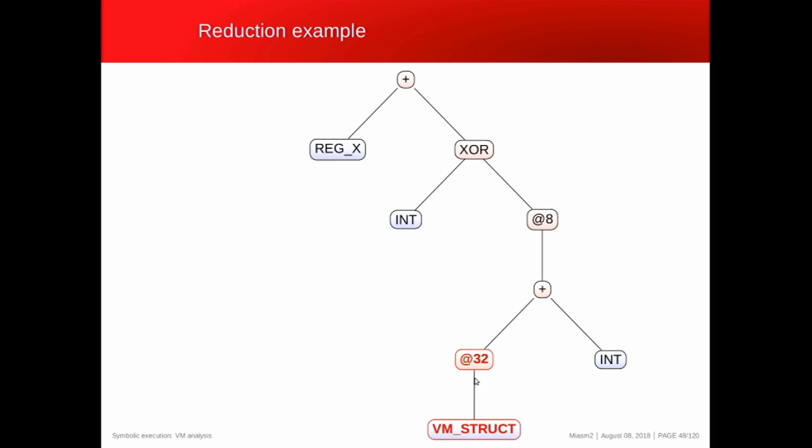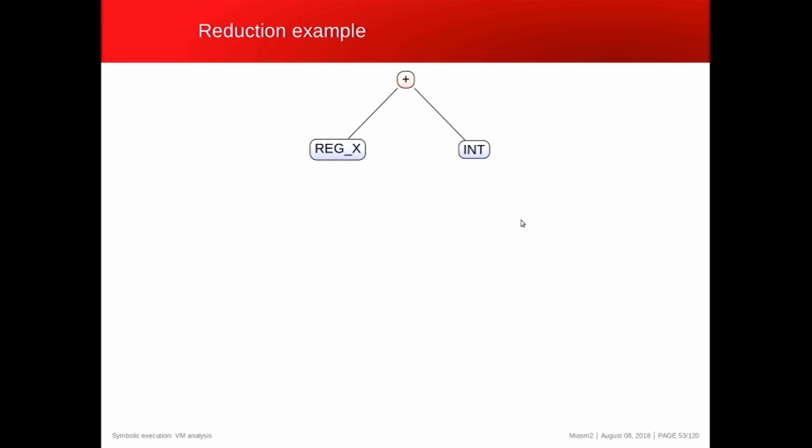This one will give back VMPC here. And so we have VMPC plus int in a memory dereference, so it's obviously an integer. And here we have integer XOR integer, so it gives integer. And we stop here because we don't have any reduction remaining. So at the end of the operation, we know that the mnemonic is only an addition between a register and an integer.